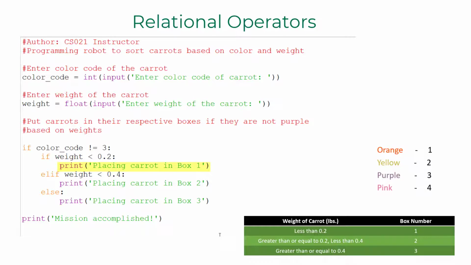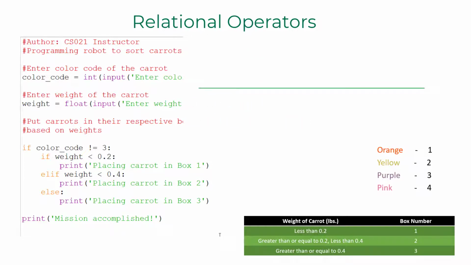And here is the best part of the if elif code structure. I'd like to show you the number line here to visualize what's happening. When we write if weight less than 0.2, all these numbers are being taken into consideration.